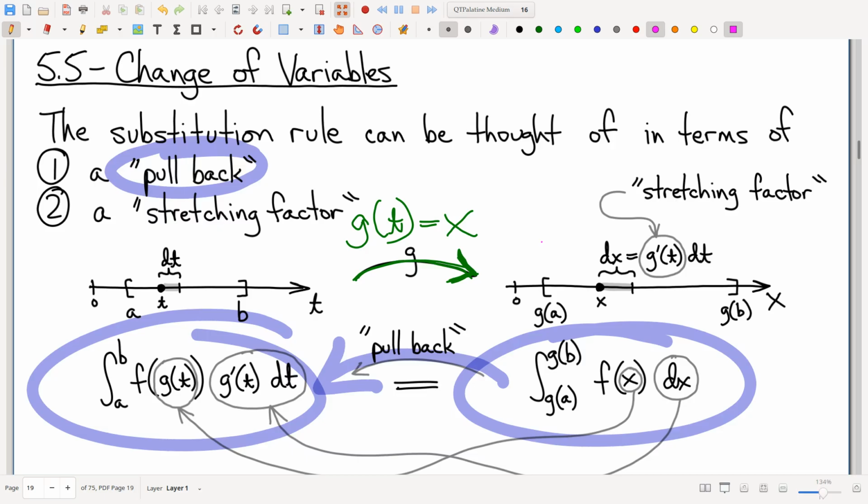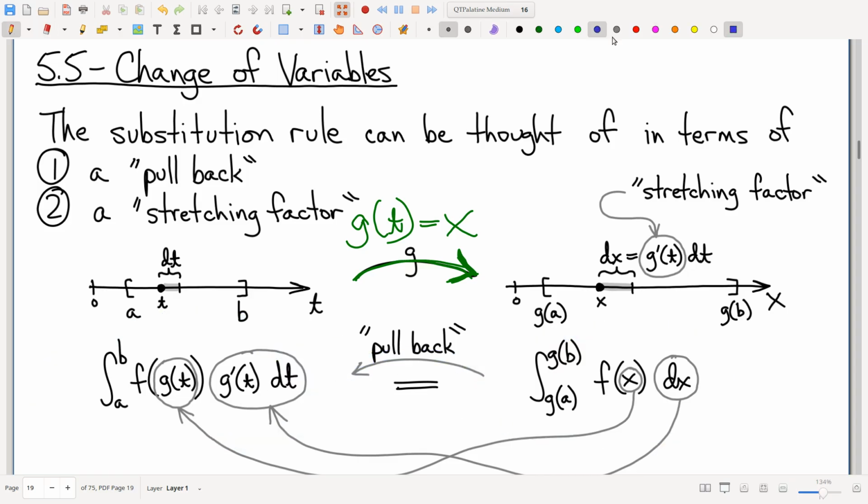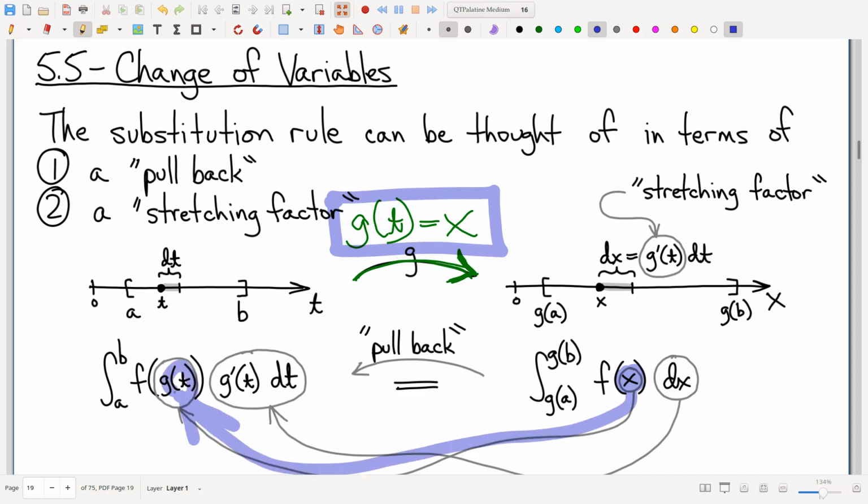Okay. All right, here's the second thing that we need to talk about. Oh, by the way, that plugging in process, plugging in x equals g of t. There it is, literally happening. That's nothing more than plugging in.